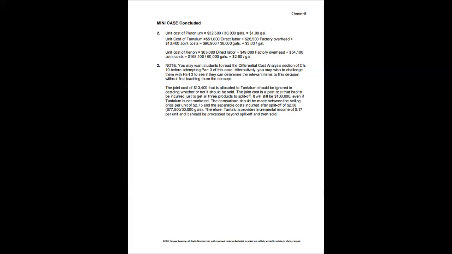A comparison should be made between the selling price per unit of 2.75 and the separable cost incurred after split off of 2.58. Therefore, tantalum provides incremental income of 17 cents per unit, and it should be processed beyond split off and then sold.